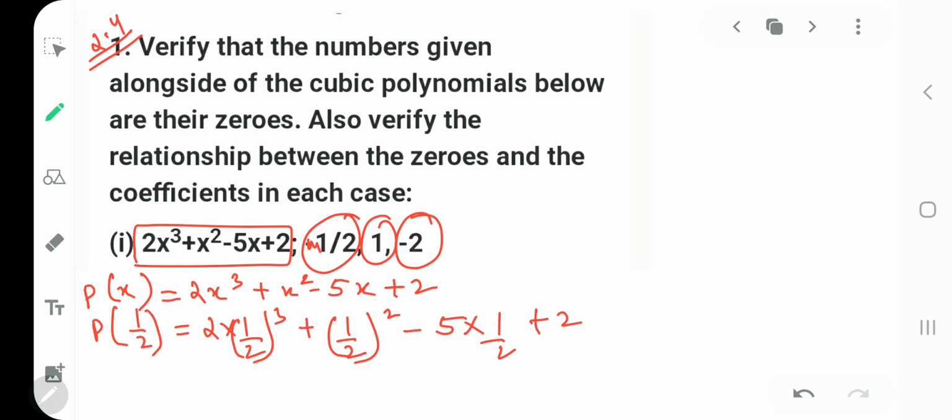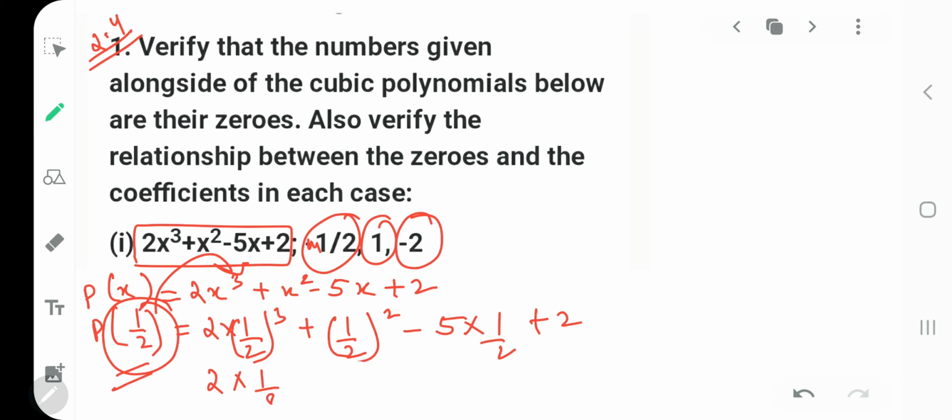And once you put this, my dear kids, if your answer is coming 0 after putting half, then you will say that this half is a zero of my given polynomial. Let's see if we are getting 0 or not.